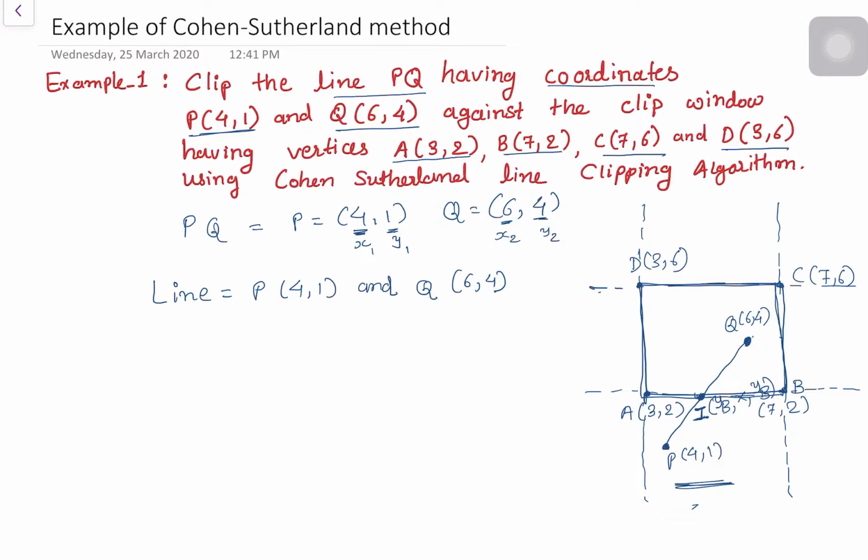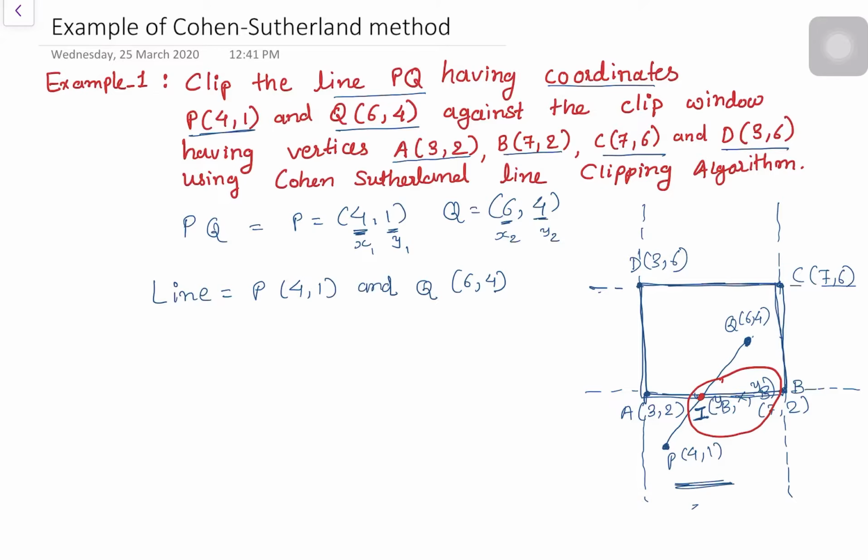So we have to find the clipping line point. What we have to find is I equal to YB comma X comma YB, because this is our intersection point. Let's take XL.